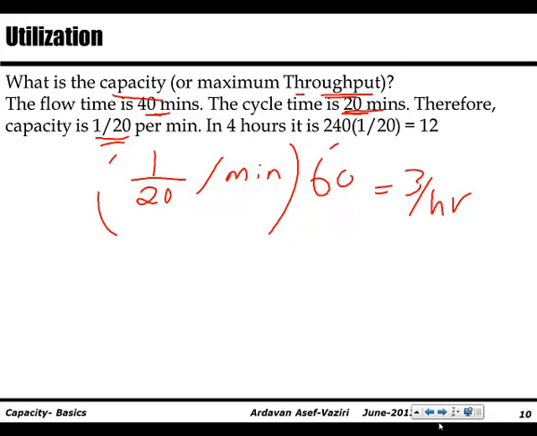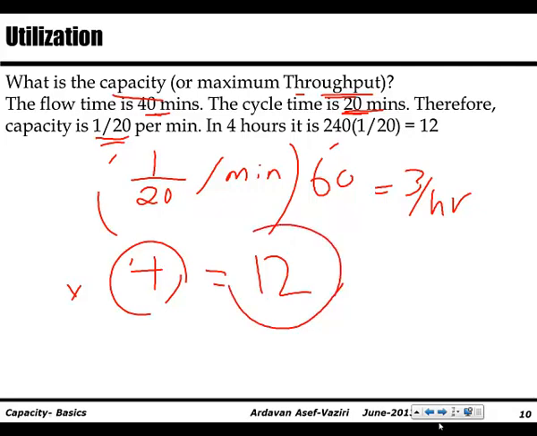And because I work 4 hours a day, if I multiply 3 by 4, then I will get 12. Capacity of this process is 12 per day.